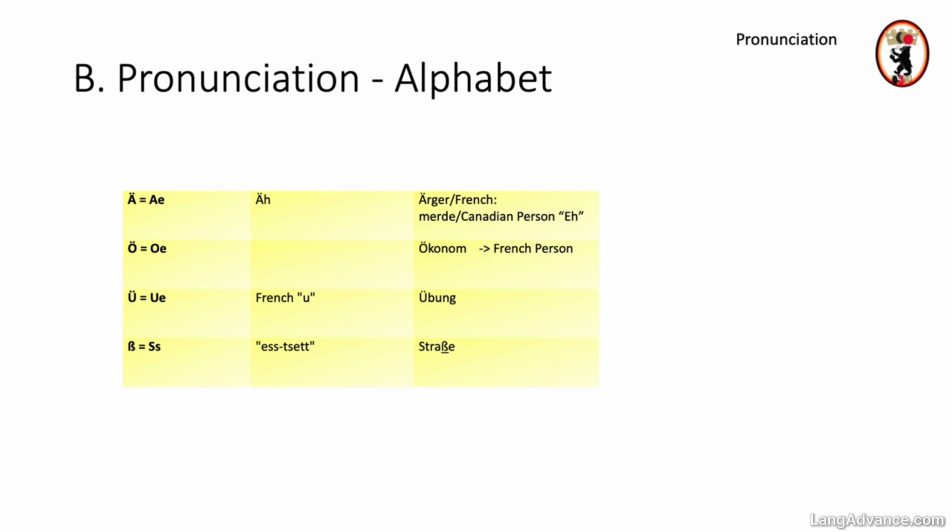The last letter that looks like a funny B is not a B, but an SZ, also called a sharp or strong S. Again, if you don't have a German keyboard available, you can type it as a double S. We will not use SS for hopefully obvious historical reasons. Now let me pronounce them for you.